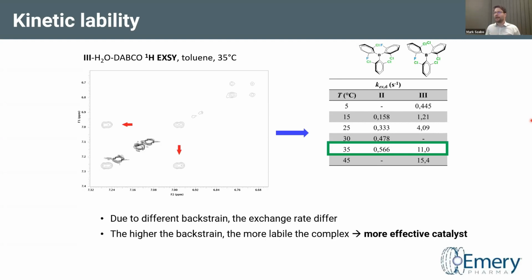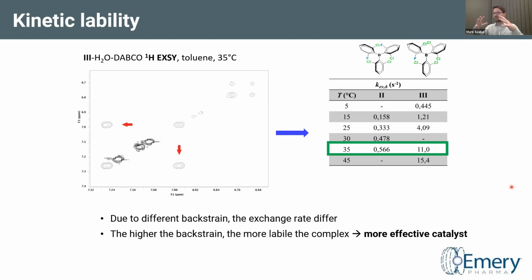efficiency. And what's behind this higher exchange rate? It's the so-called backstrain, the higher backstrain. And what is backstrain? When something is coordinating to the borane, the borane becomes trigonal pyramidal instead of a flat structure.